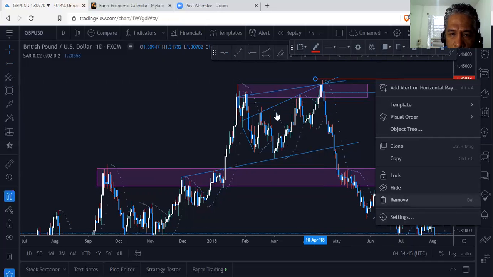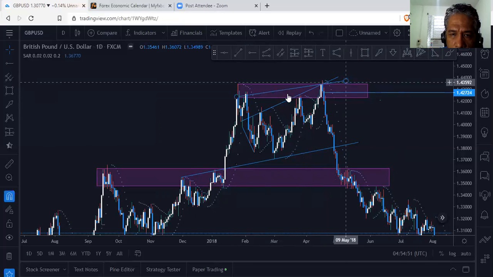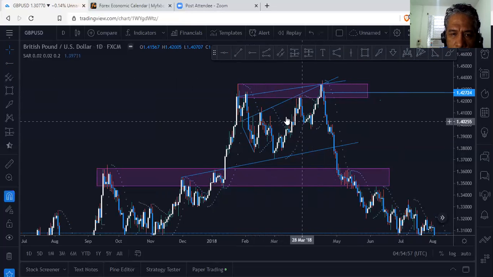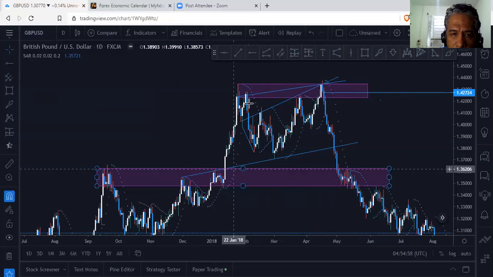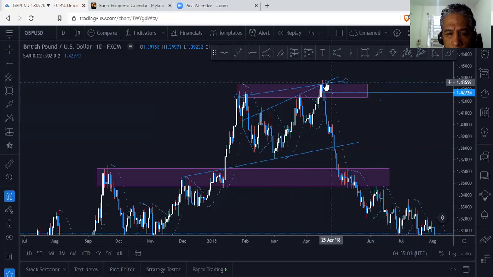So we can certainly say that this area is an important reversal point. This is a major reversal point, as I showed you with the M pattern that is happening. So this area is really an important reversal point.